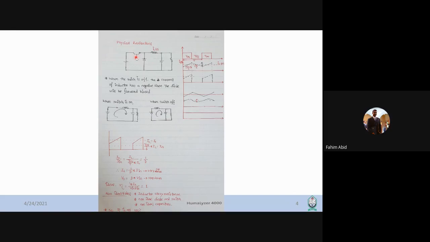When we give a positive gate pulse, the transistor is on and conducting, so the voltage at this point is going to be V in, and the diode will be reverse biased. So the diode is open, and the circuit looks like this.